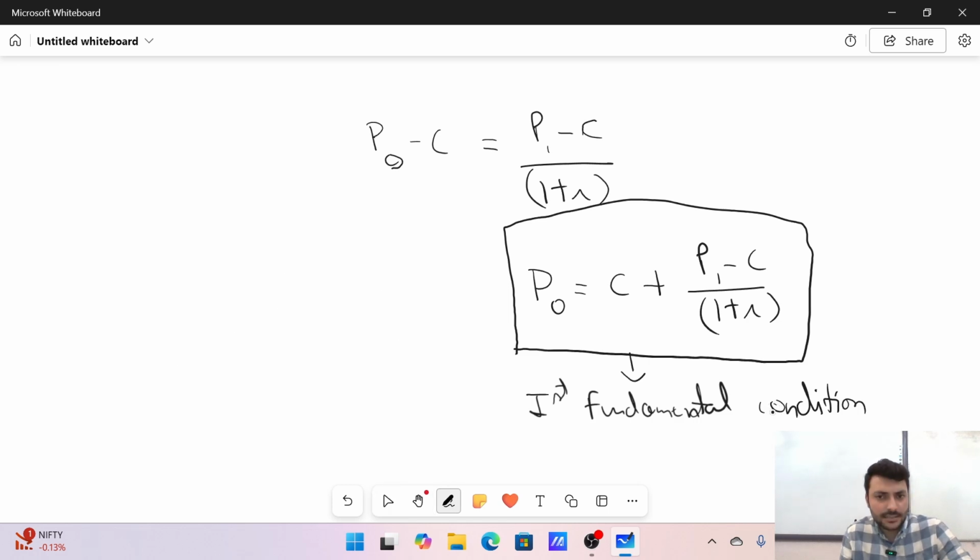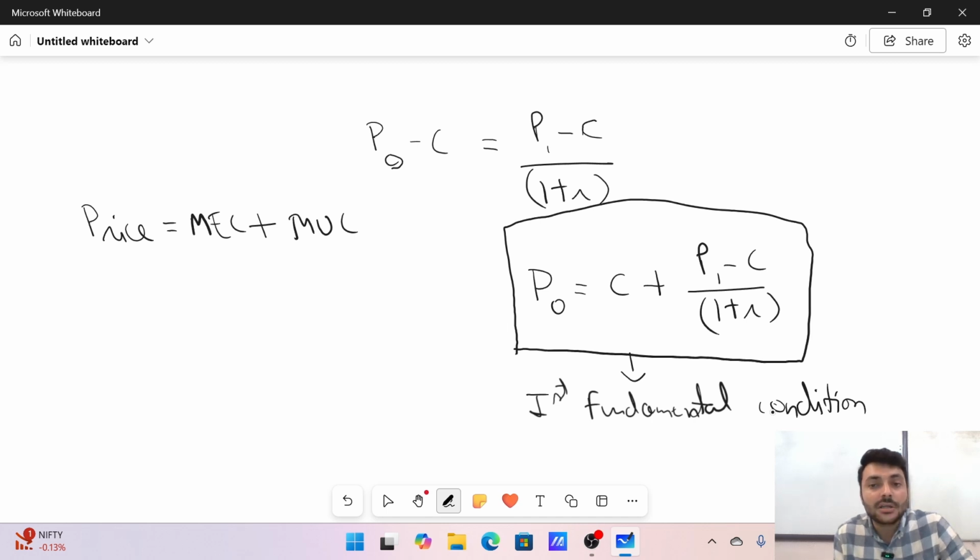Now let us understand this fundamental equation. We have P0. P0 is the price. Price equals C. What is C? C is the extraction cost, or we can take it as marginal extraction cost, plus (P1 minus C) divided by (1 plus R). This is your opportunity cost or marginal user cost. We studied before what the user cost is.